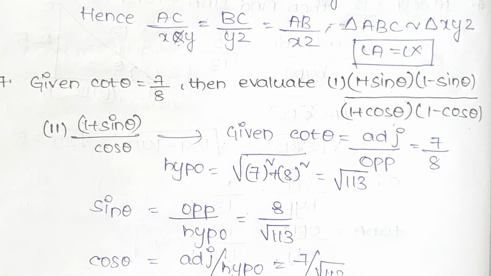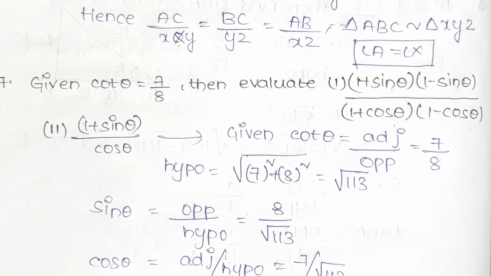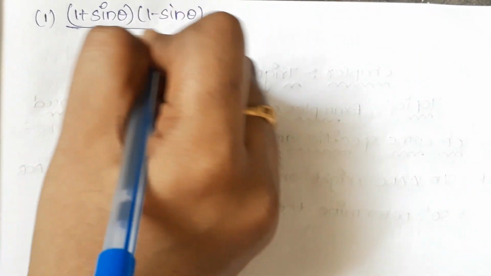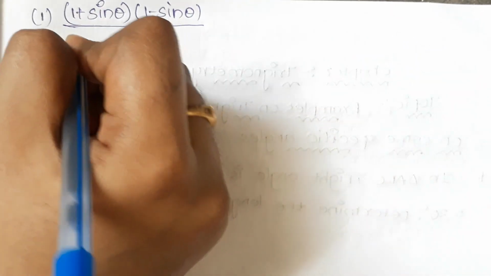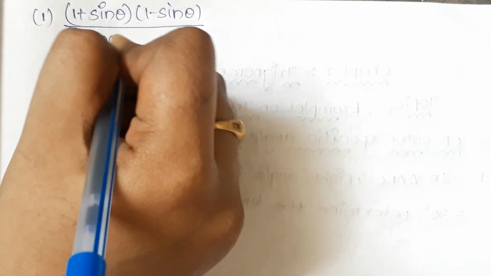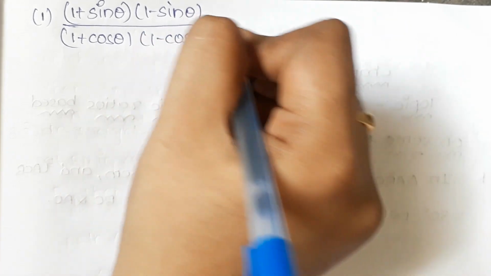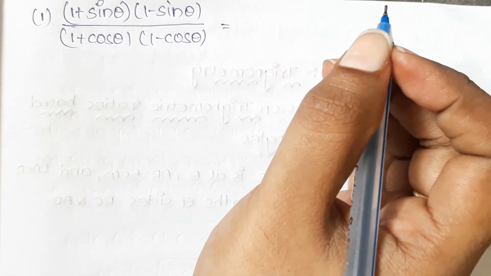Now let us solve the given questions. That is, first one is 1 plus sin theta into 1 minus sin theta divided by 1 plus cos theta into 1 minus cos theta. Let us distribute the sin and cos values here.